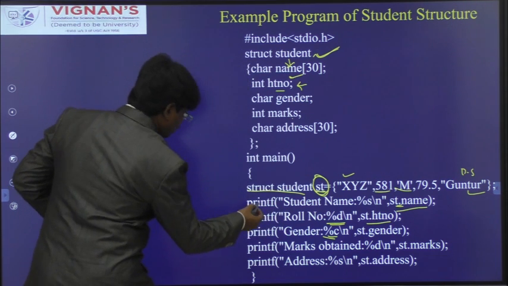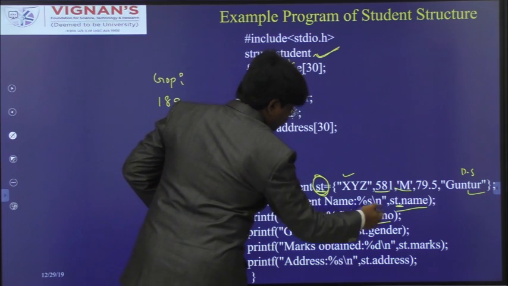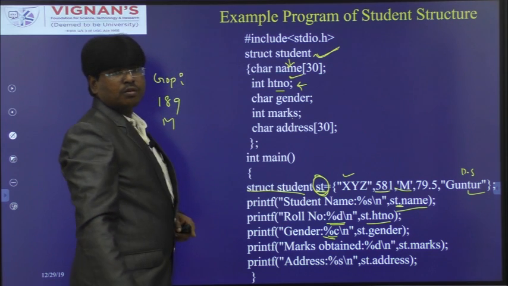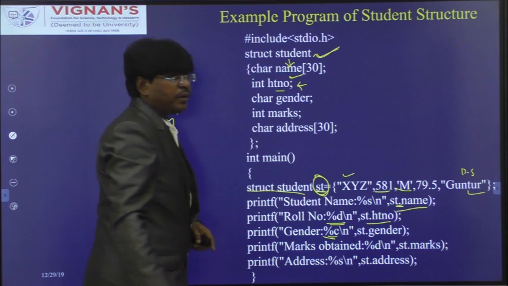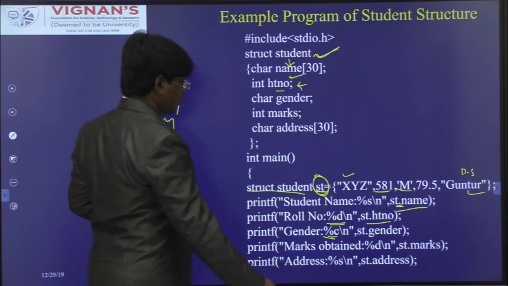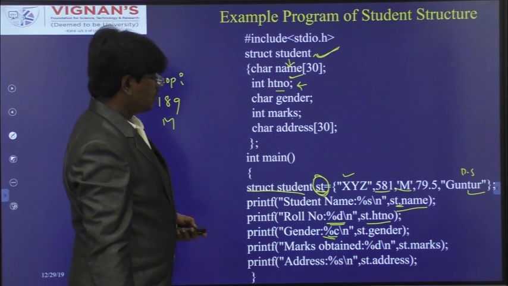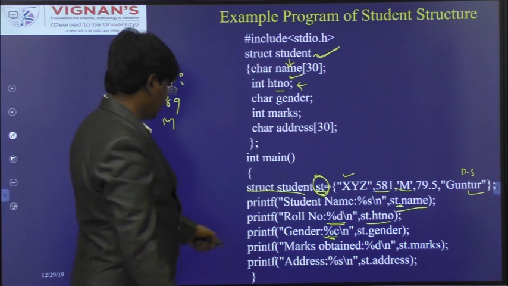But you have to take scanf instead of printf also here. If you take scanf, then if you want to read it, you have to use ampersand here, the address of. But in this example program I am printing all the elements I have taken. So by using these statements, what output will we get? XYZ 581 79.5 Guntur, like that I will print.